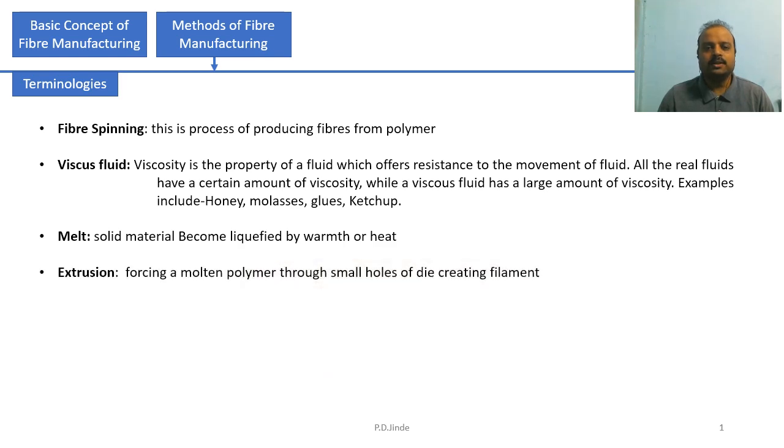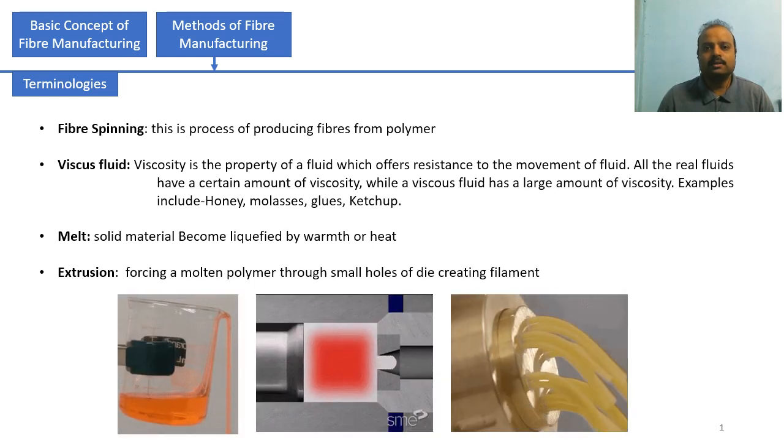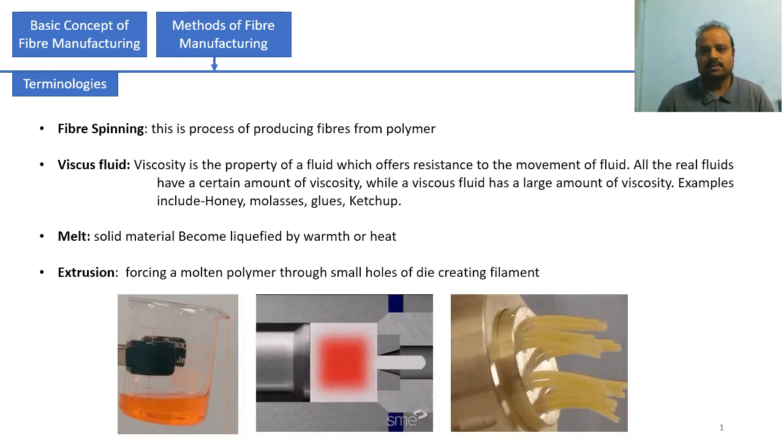Another terminology is extrusion. Extrusion is nothing but forcing a melt, or you can say molten polymer, through a small hole of a die, creating a filament. Yes, this is extrusion. You can see there are three figures.